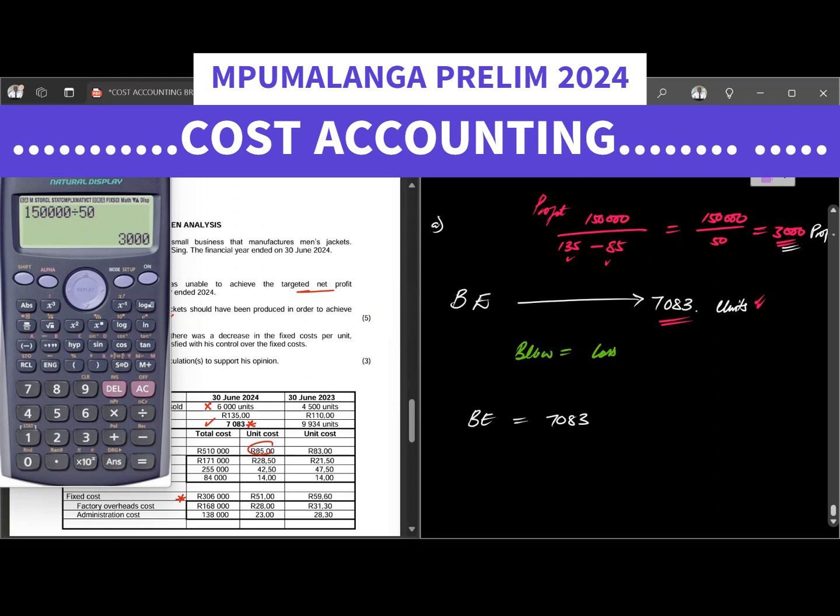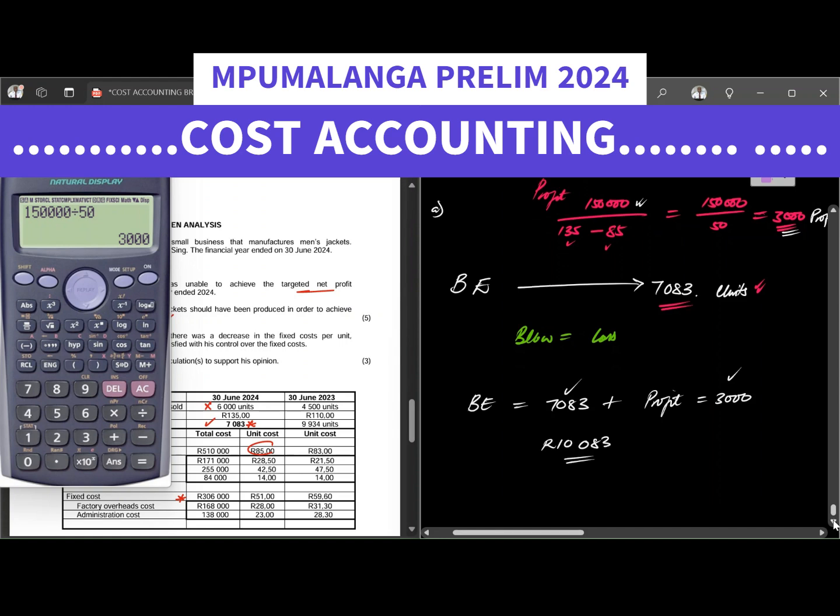And I can only realize the profit I want to attain, 150,000, if I produce another 3,000 units. So in total, for me to cover all my cost and achieve profit, I must produce 7,083 plus the 3,000. That therefore gives me 10,083.